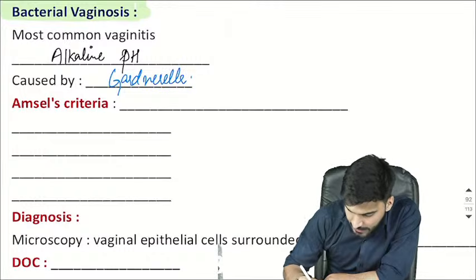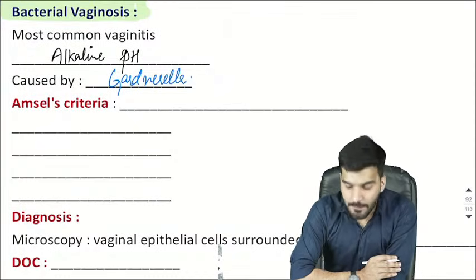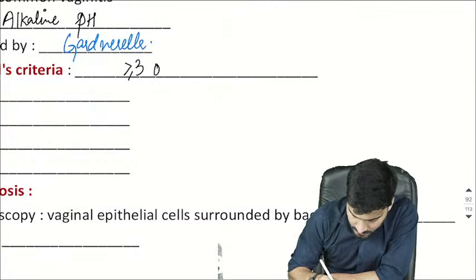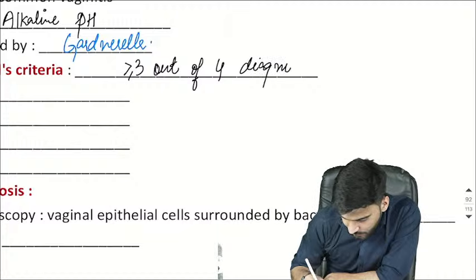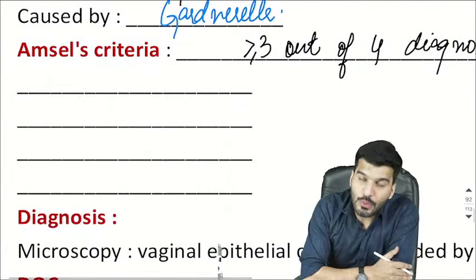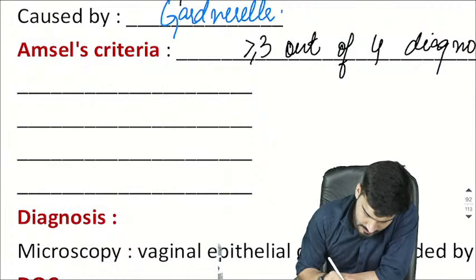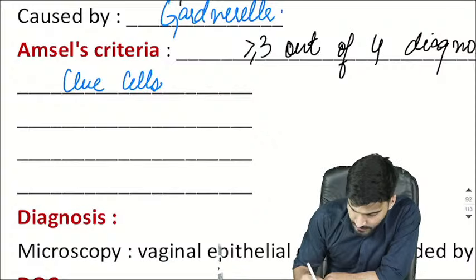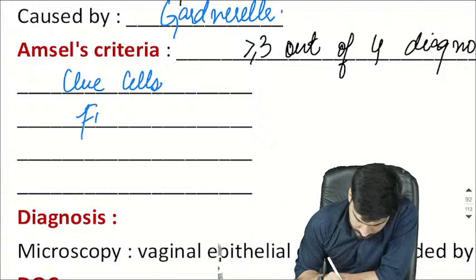We have a classical criteria, Amsel's criteria, and out of 4, 3 or more should be present for the diagnosis. So what are the 4 things included in Amsel's criteria? Number one is clue cells. Number two is the fishy odor.